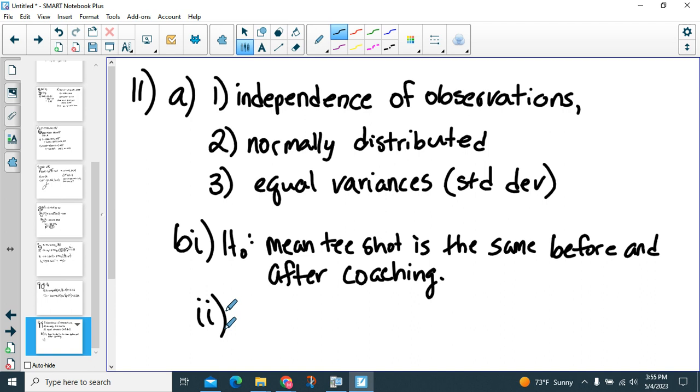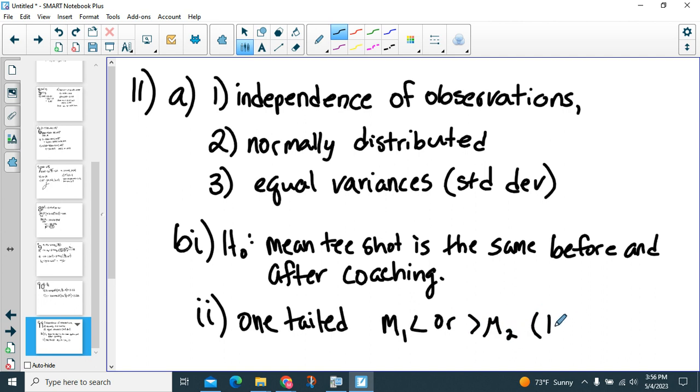All right, this is a one-tailed test, which is all you had to put. Basically, if you have mu1 is less than or greater than mu2, that's one-tailed.